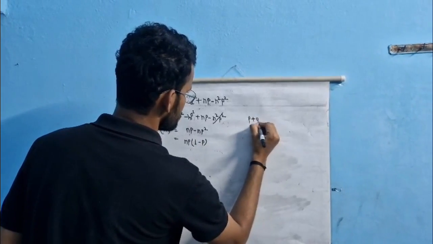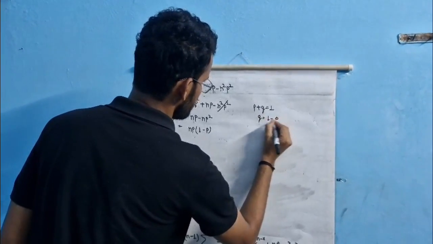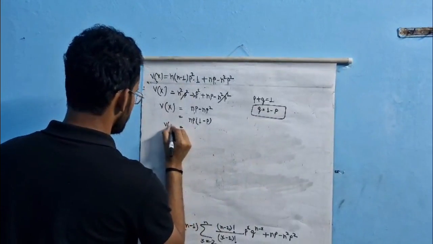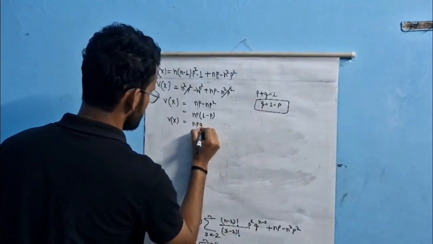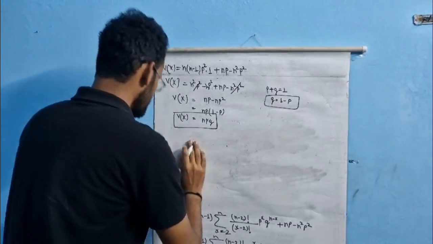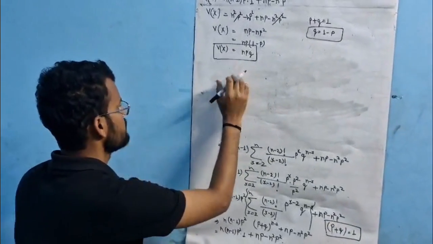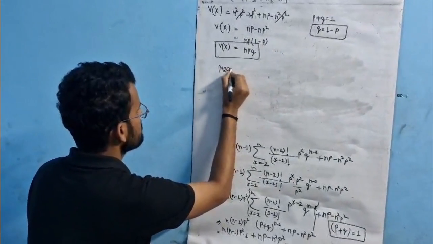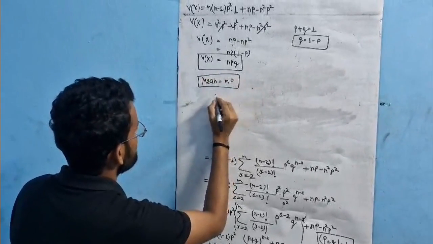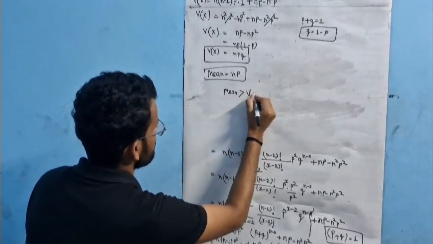Since p plus q is equal to 1, q is equal to 1 minus p. From here, variance of x is equal to npq. So in the case of binomial distribution, the variance of x is equal to npq and the mean is np. We see that mean is greater than variance in binomial distribution.